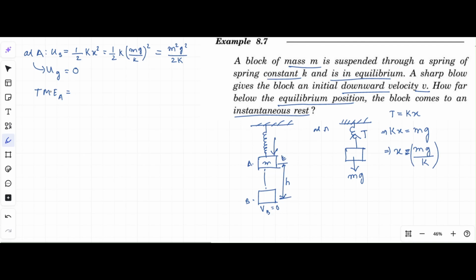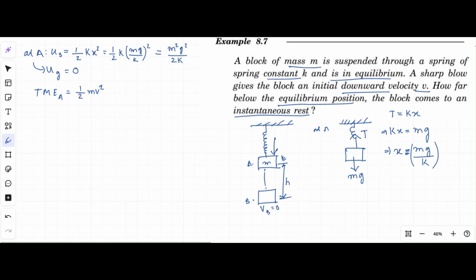Let us think of it as just a bit after A. If the force was applied just a bit after A, the kinetic energy is half m v square. Although initially at A the velocity was 0, it was at rest, a blow was given, an energy was given in the downward direction for it to gain a certain velocity.